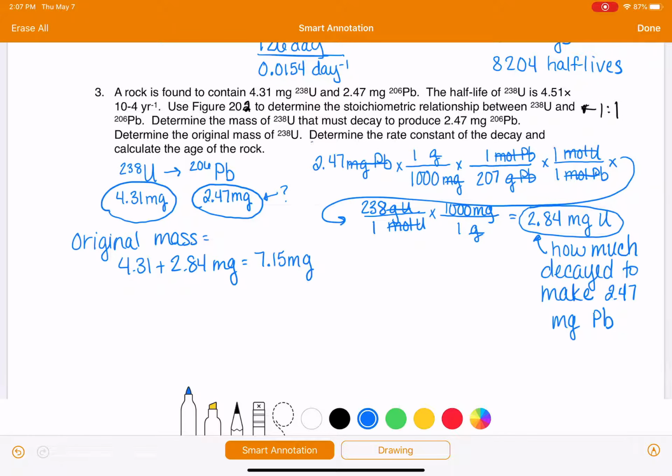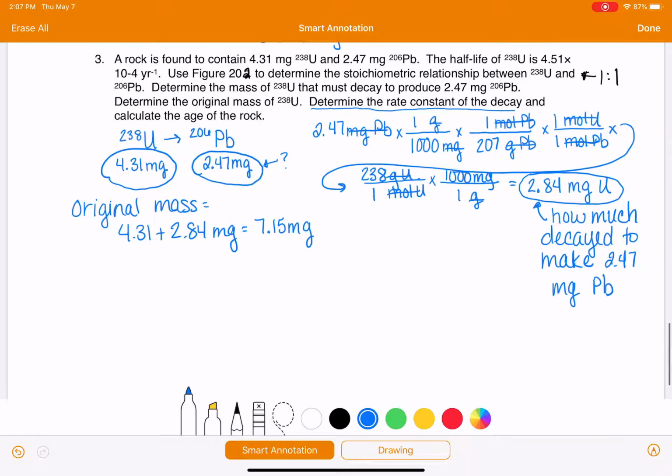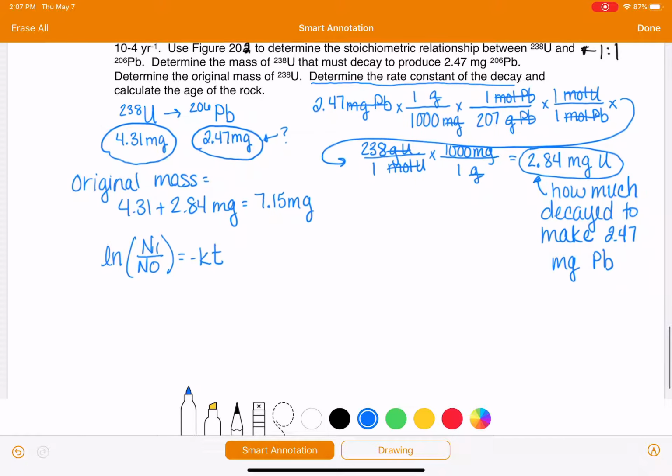Now it wants us to determine the rate constant of the decay. So I think that for that, we're going to use the natural log of N1 over N0 equals negative k times time t, and calculate the age of the rock. The rate constant we want to get from the half-life. T1/2 equals 0.693 over k. The rate constant, we've got to rearrange this a little bit.